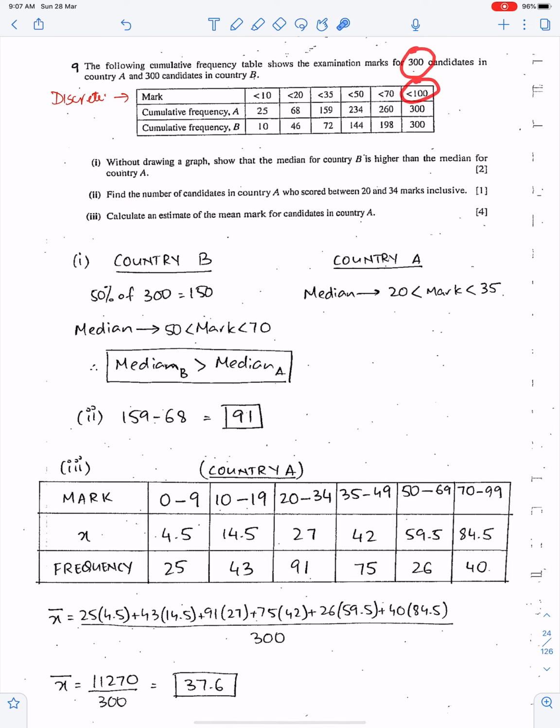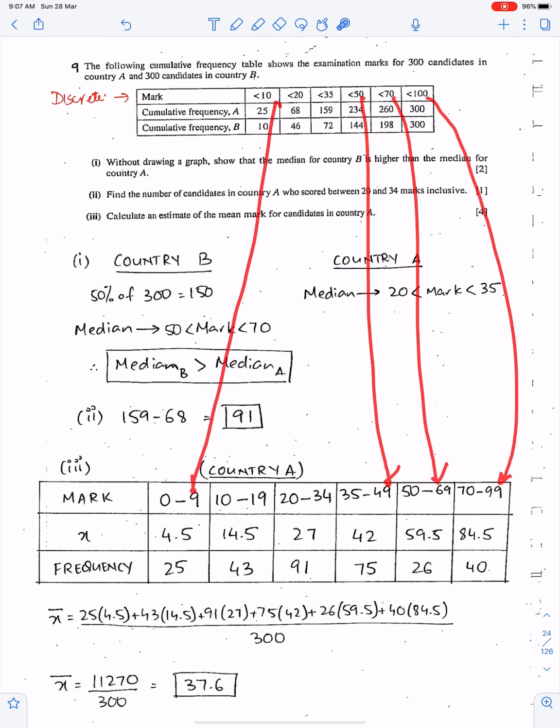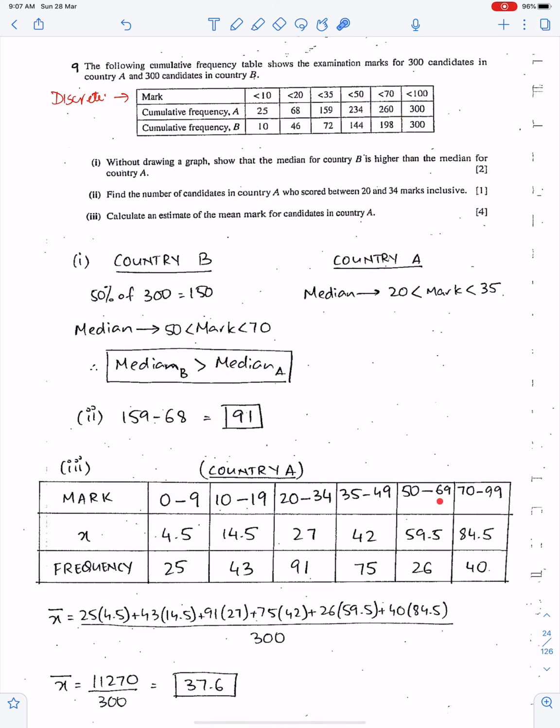So this number is exclusive, so we must have 99 here. 69, 49, 9, and the first number must be 0 because this is exclusive. If this was inclusive, then first number would be 1. So 69 means write 70 here, 49 means write 50 here. So these are the class intervals.